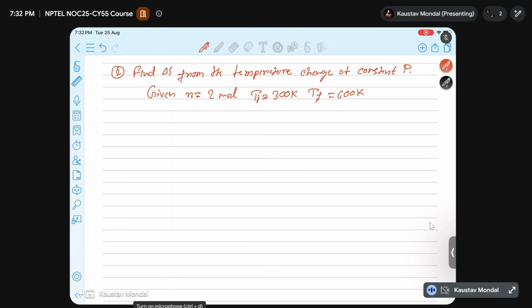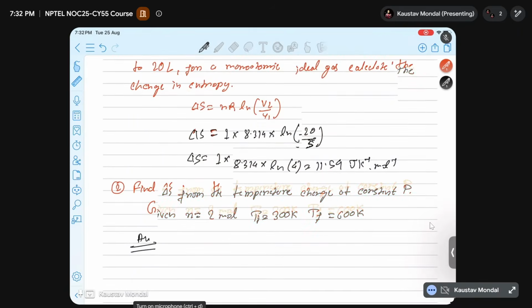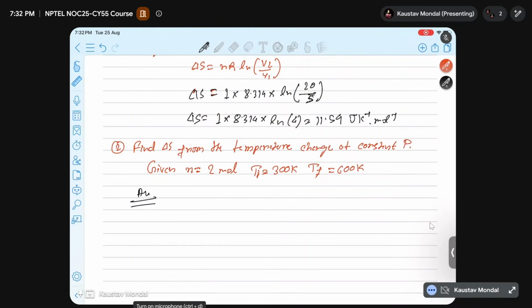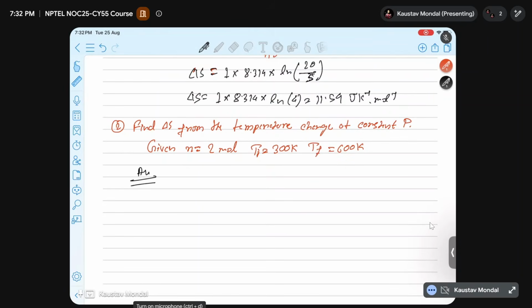So that means here you have to calculate. So here, unlike the previous case where T remains constant, here P remains constant and T changes. Okay. So we cannot use the normal formula.